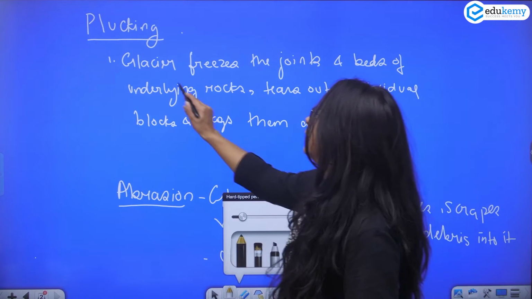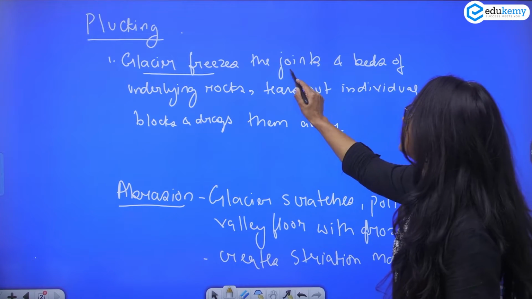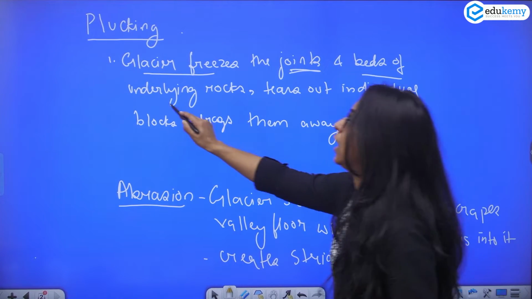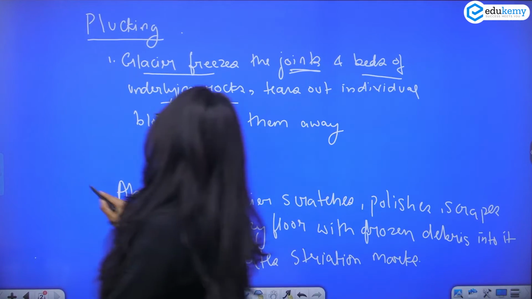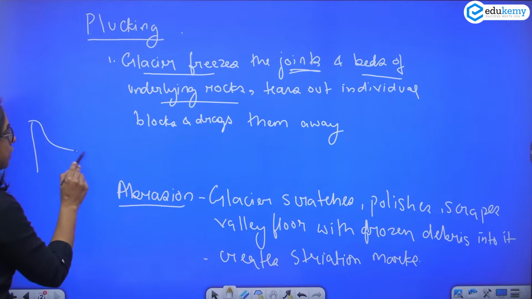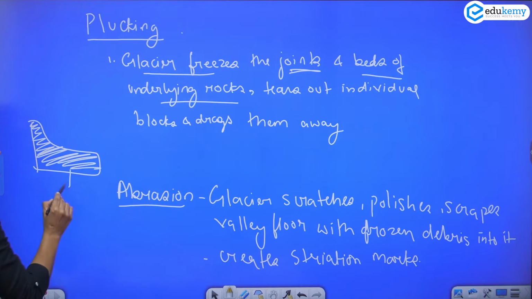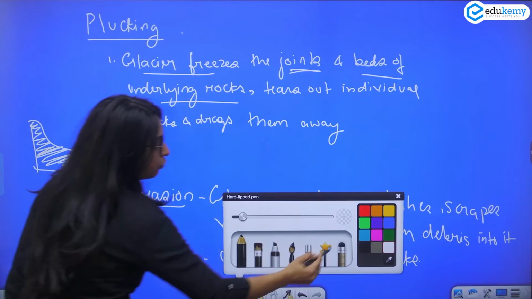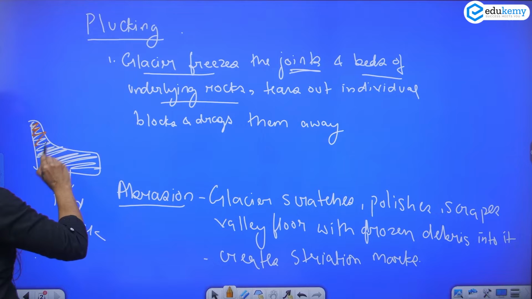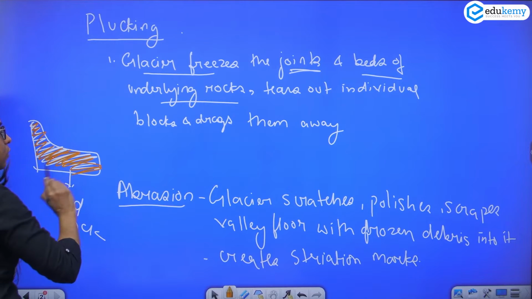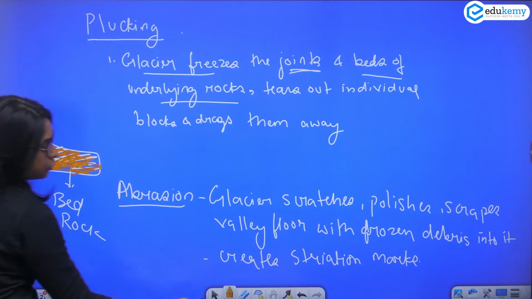In plucking, the glacier will freeze the joints and the beds of the underlying rock. If this is the bedrock, I will color it with brown, and the glacier is moving.